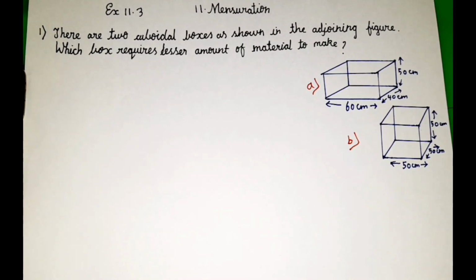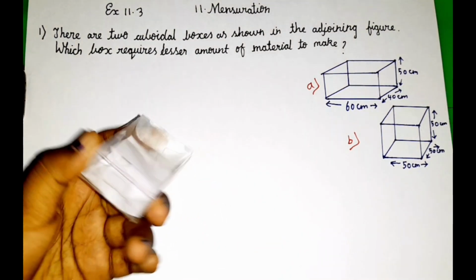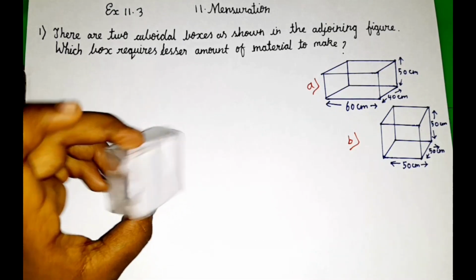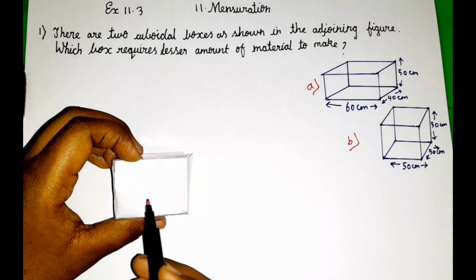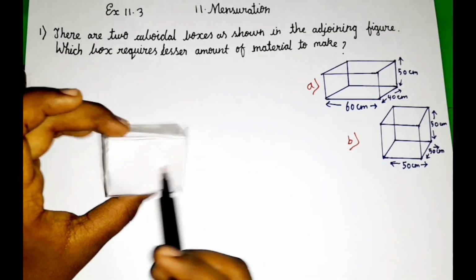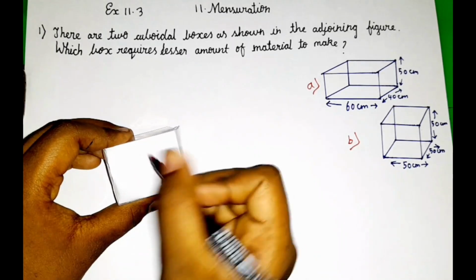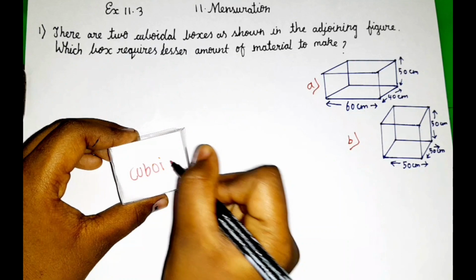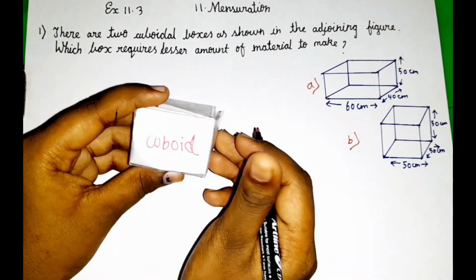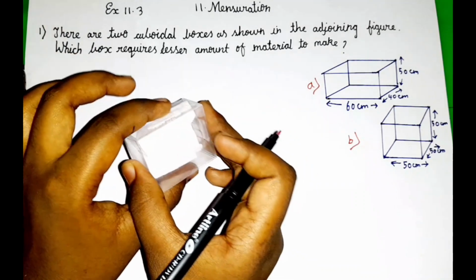So what does this mean? Let me show you a figure. This cuboid, to see it clearly I just kept a paper. In this cuboid, to make it I will need many materials.